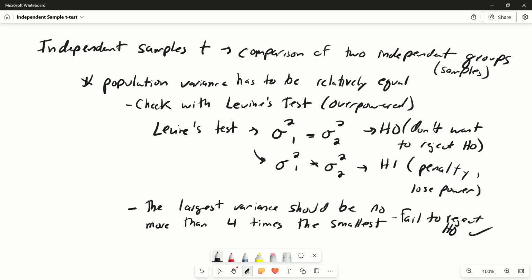Now, if you reject the null and you say that the variances are not equal, you need SPSS or another statistical program to find you the alternate degrees of freedom that are going to be used to test the hypothesis. So, in other words, it makes your life a mess and you lose power. So, you don't want this.